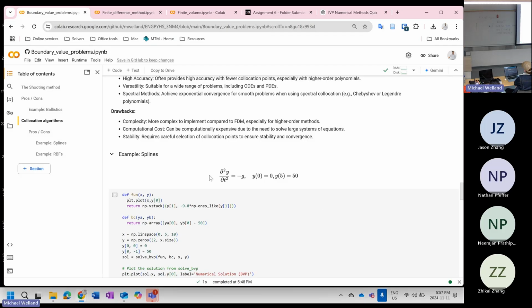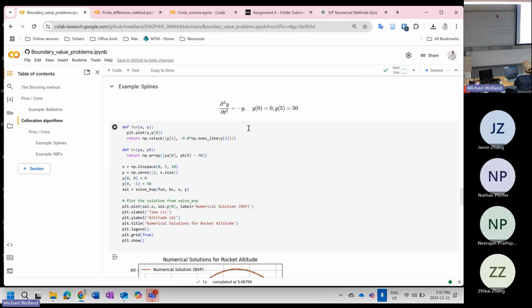Okay, let's try it. So this is our ballistic equation, the exact same, but now let's try doing it with splines. So this is our function. This is still being broken down according to the reduced order part.